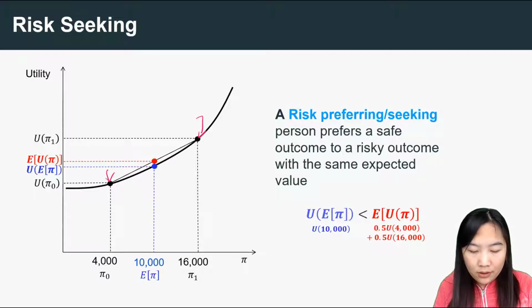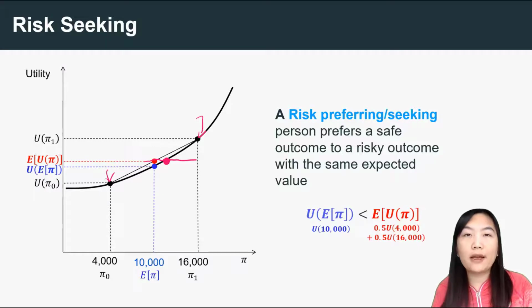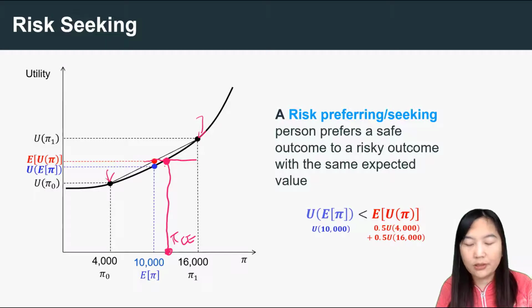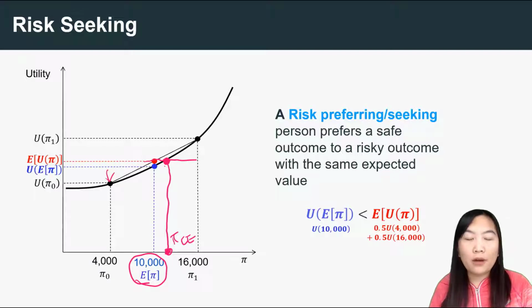Then you go horizontally to the utility curve, and that is that point. That point has the same utility as the expected utility. Then you go down here, and that will be your pi CE, your certainty equivalent. As you can tell, for a risk preferring or risk seeking person, pi CE is greater than the expected profit here.